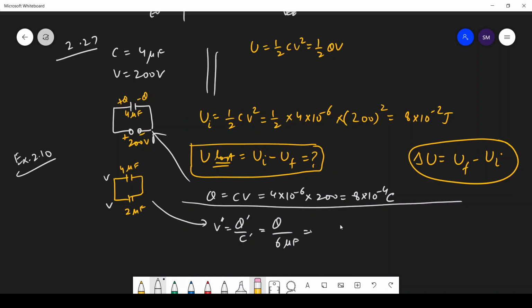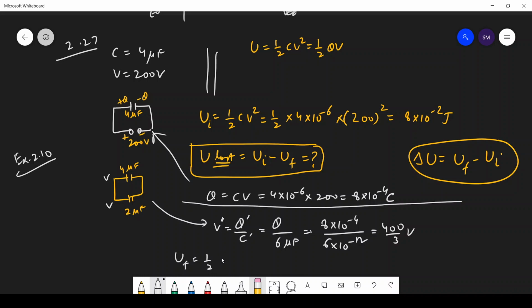So what is the voltage? 8 into 10 to the power minus 4 divided by 6 into 10 to the power minus 6. So this comes out to be 400 upon 3 volt. So this will be the voltage that they will have. Now you know the voltage, and now you can write the formula. Uf is equals to the same, half CV squared.